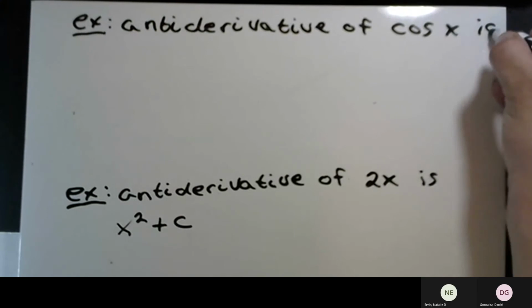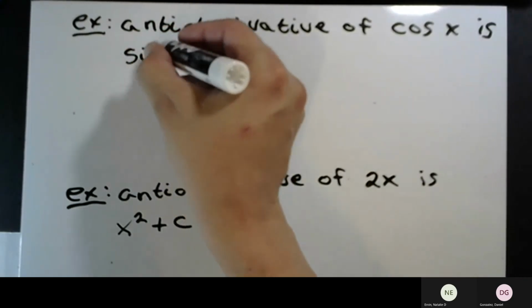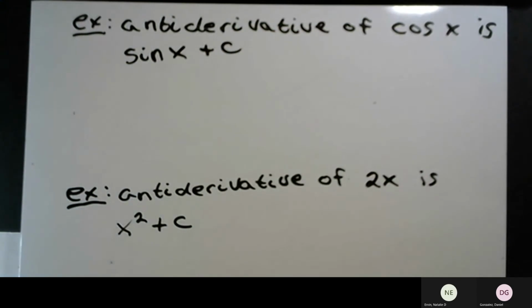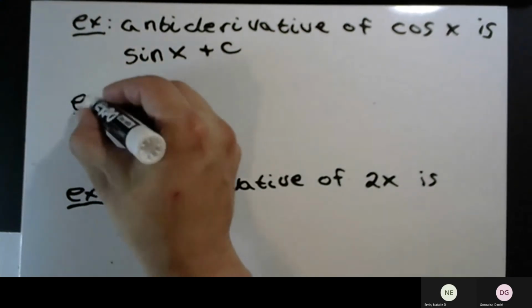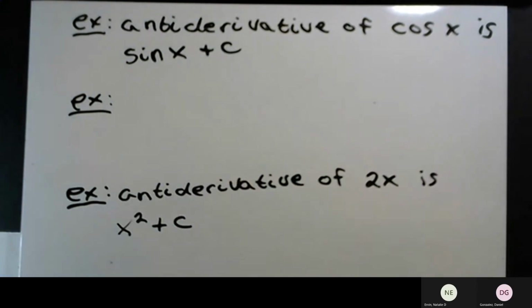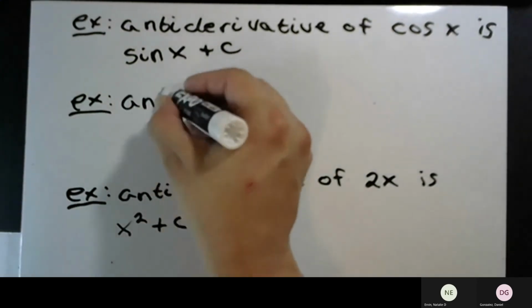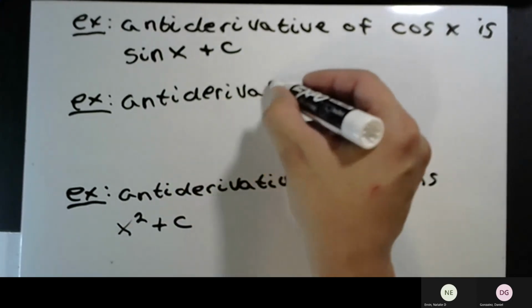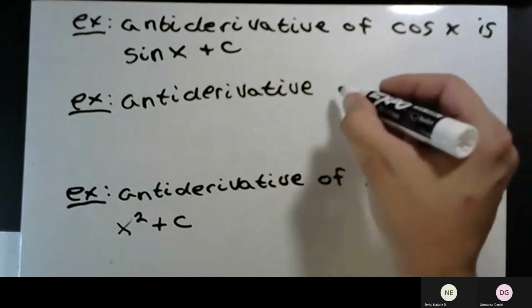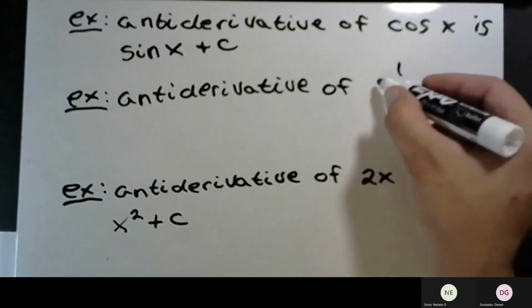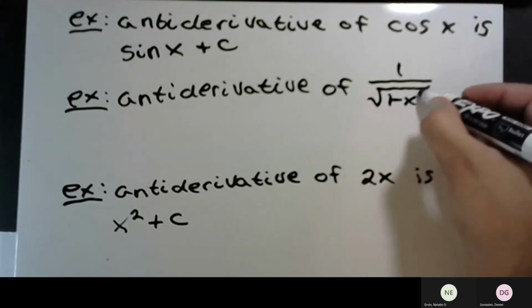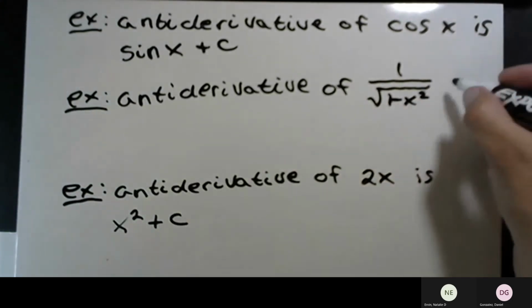But now we're going to say the antiderivative is sine x plus c. And then the same thing with sine inverse: the derivative of sine inverse gives you this thing, so this comes from sine inverse.